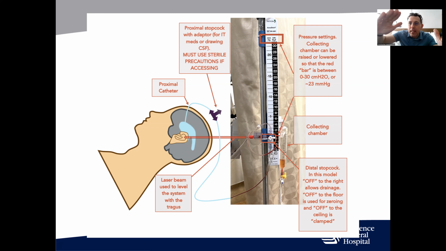In essence, what I've done is I've lowered the 0 point for the EVD, and I could dramatically increase the amount of CSF that's going to be drained. So the take-home point is with any patient movement, or maybe even transport, et cetera, to avoid having difficulties with over drainage, we want to turn the EVD off. It's also commonplace for most EVDs, unless we had a continuous EVD monitor, that you'd have to turn the EVD off as well to get an accurate waveform and a more accurate ICP monitoring.